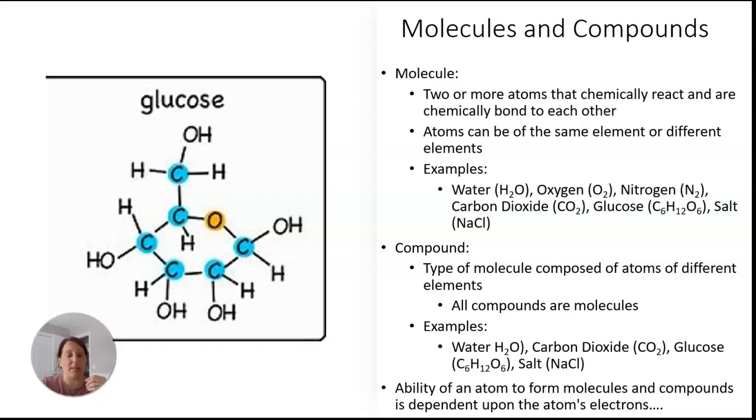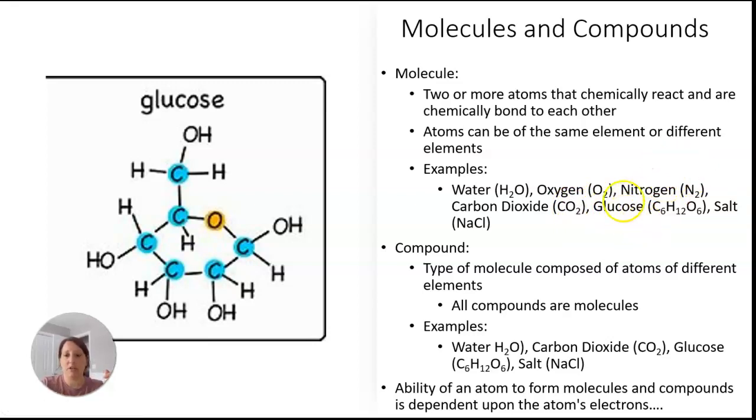And so, for example, water is two atoms of hydrogen and an atom of oxygen, which is H2O. And so we have two different elements here, two different types of atoms. The same holds true for carbon dioxide, which is CO2. So again, one atom of carbon and two atoms of oxygen will participate in this bonding to form this molecule that we call carbon dioxide.